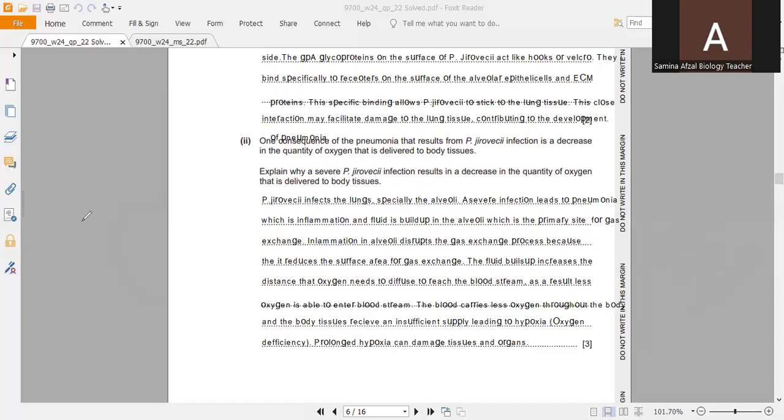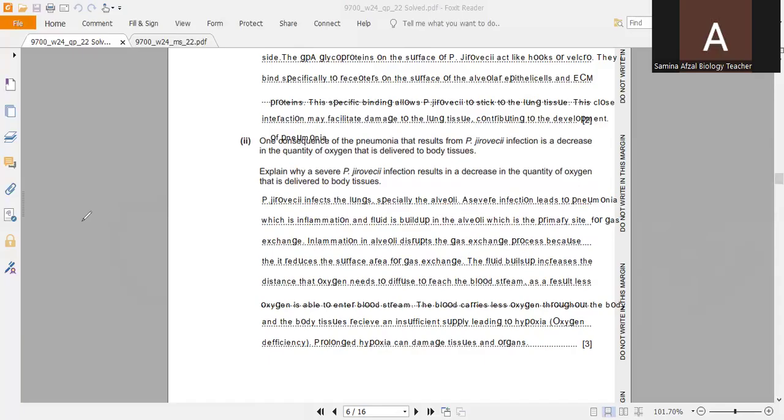Now, the question is, when a P. gyrovici infection causes pneumonia, there will be a resulting decrease in oxygen delivery to the body tissues. Why does it happen? P. gyrovici is a fungal pathogen. It will infect the lungs, especially the alveoli. A severe infection leads to pneumonia, which is inflammation and fluid buildup in the alveoli.